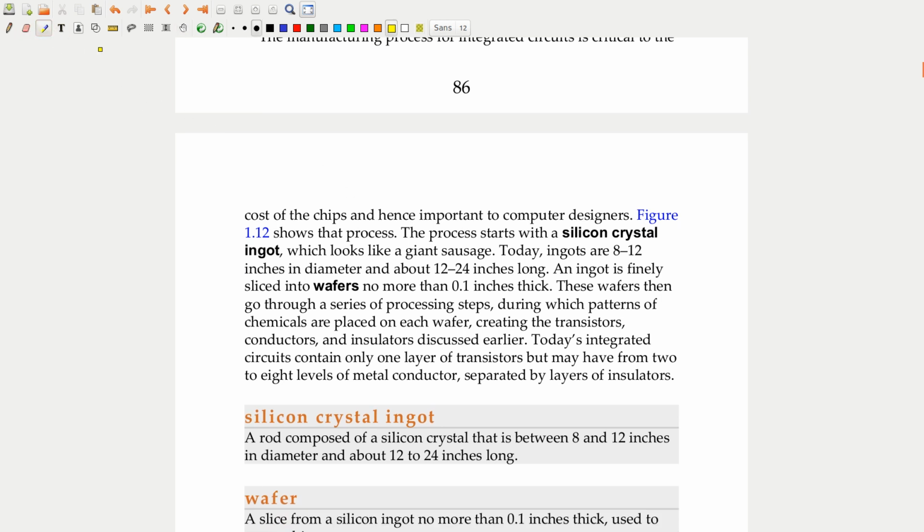So it's a little bit on the process technology. It starts with a silicon crystal ingot. Basically you have a bunch of molten silicon. You place a little piece of the pure silicon that you want into that molten silicon, and it gradually lifts up very, very slowly, and it looks like a giant sausage.